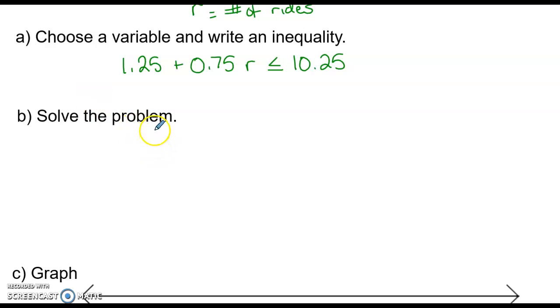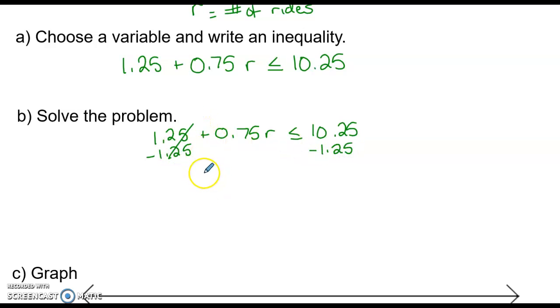So we have $1.25 plus 0.75R is less than or equal to 10.25. I'm going to take $1.25 away from each side to make that a zero pair.